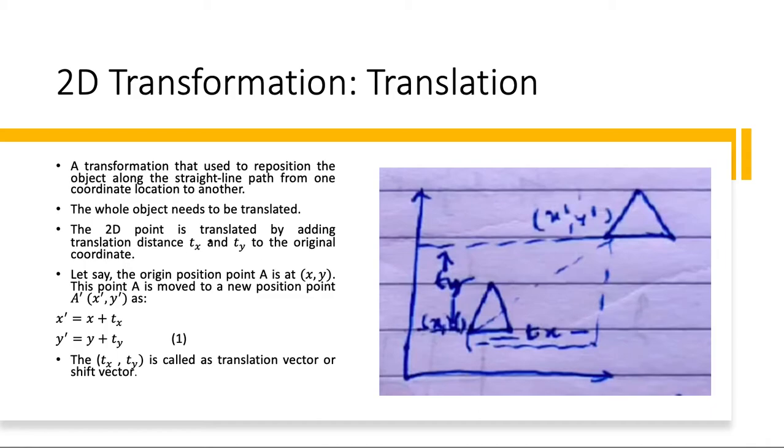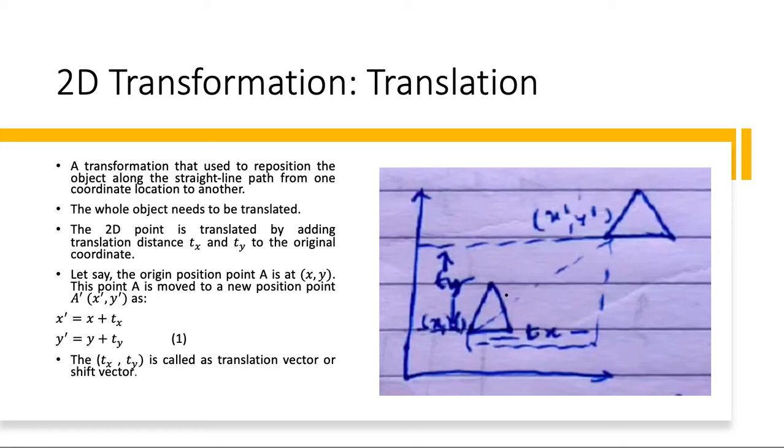So the 2D point is translated by adding the translation distance or translation factor, where we denote Tx for the translation in the x direction, and Ty for the translation in the y direction, to the original coordinates.